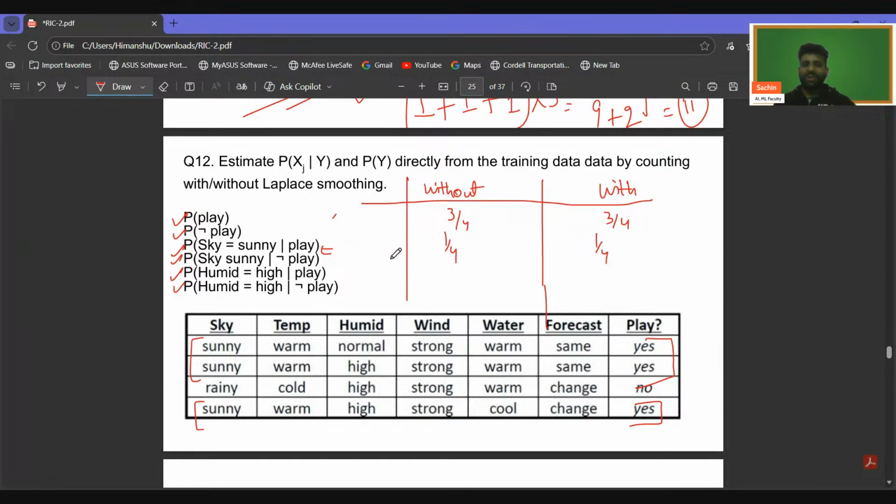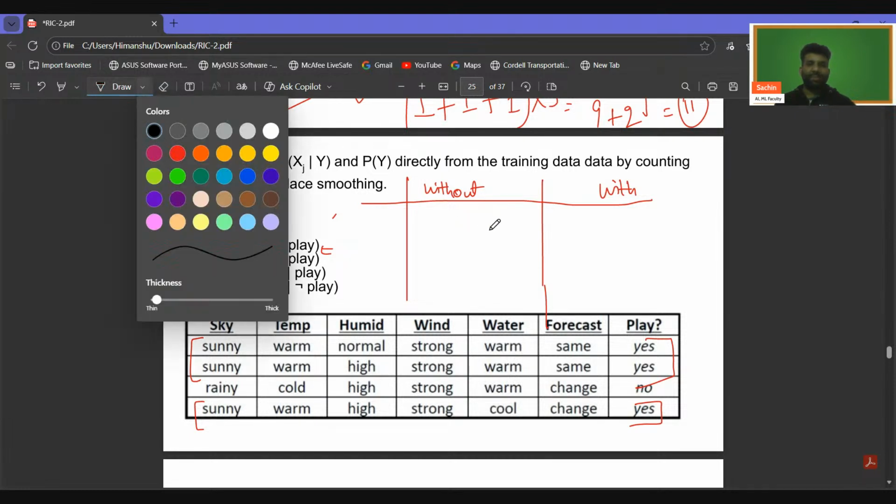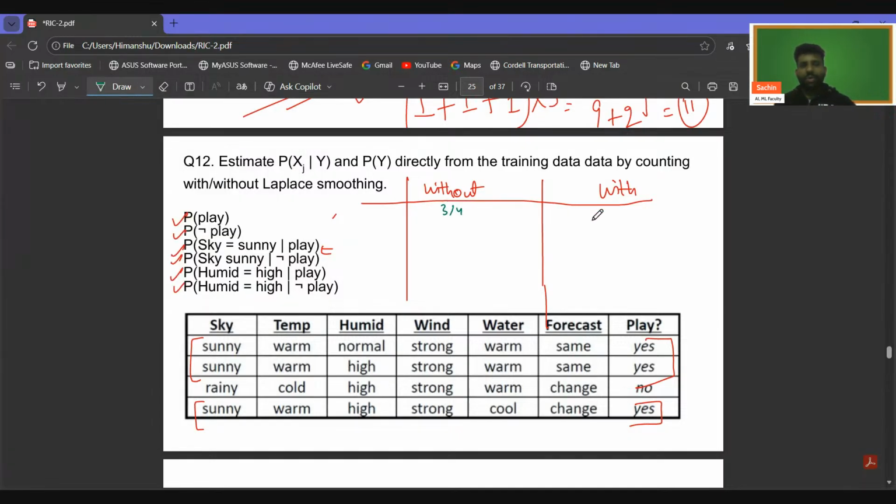Let me write this a little higher so that we do not consume much space. So this was 3 by 4, 3 by 4, 1 by 4, 1 by 4.